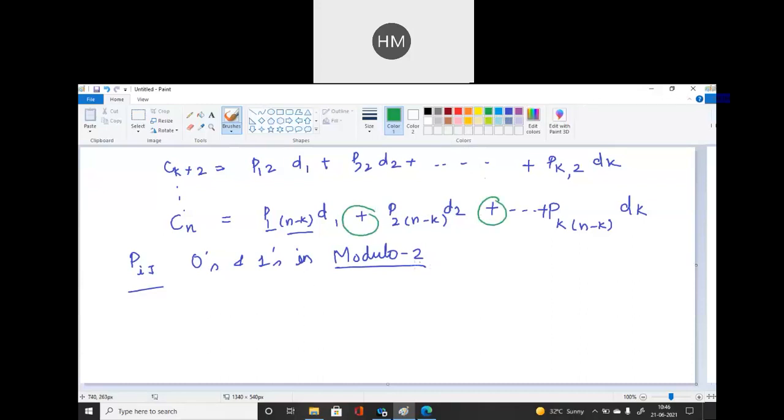This is a modulo 2 arithmetic. ठीक है, that is an XOR gate. And you all know the truth table.